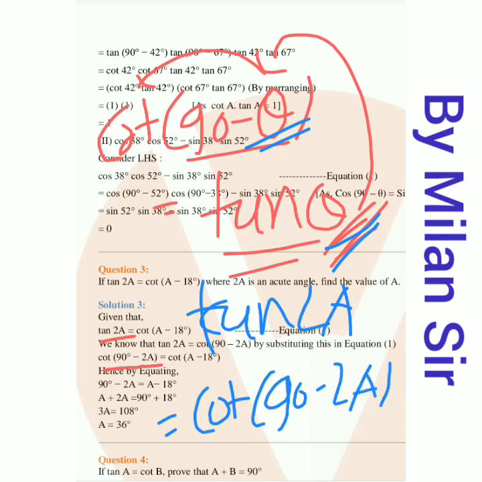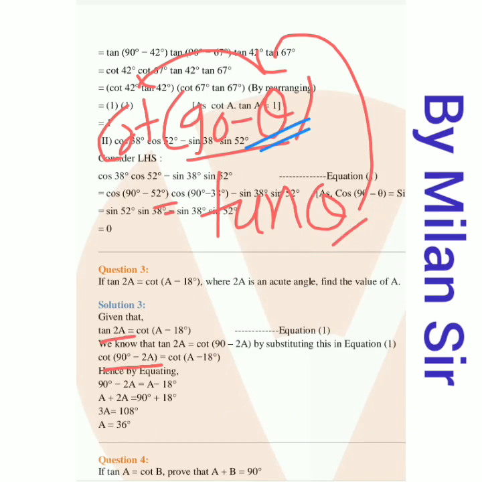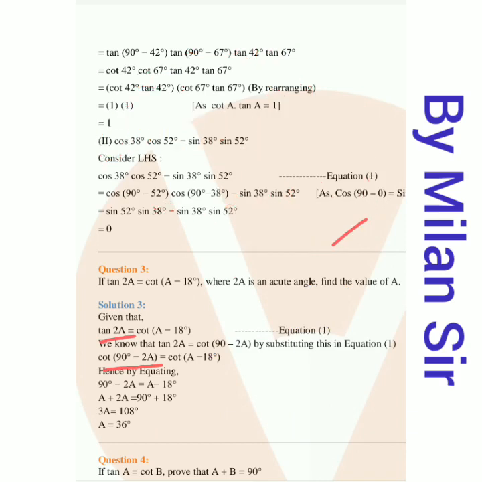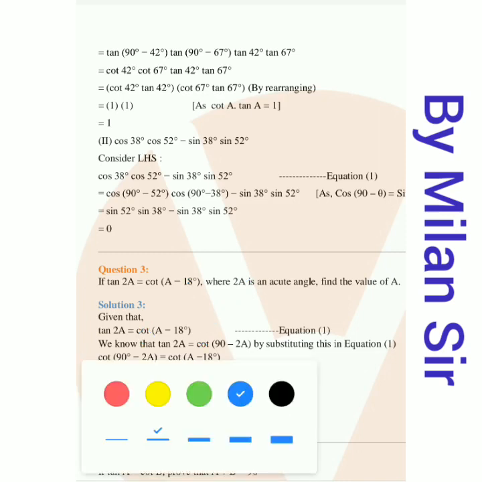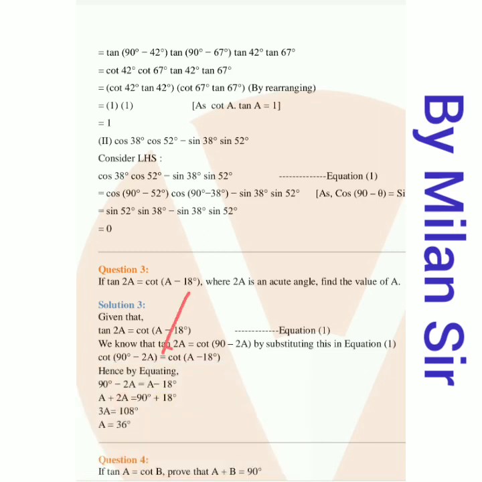Okay, so same formula we use here, but in a different way. So what happened? Now both the sides are converted into cot. In left hand side cot function is there, and in right hand side cot function is there. And second thing, an equality sign is present between them.